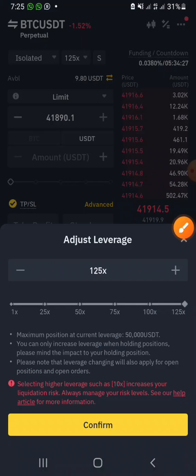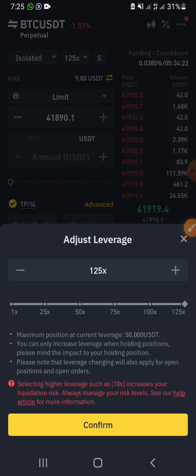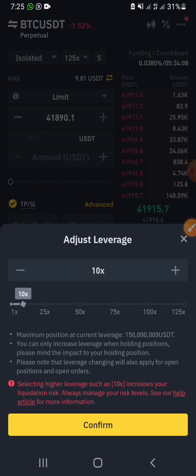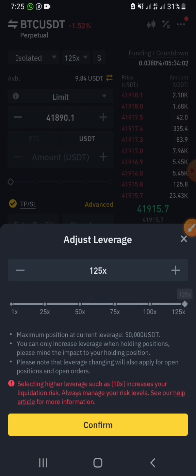Now for the next part, I'll be explaining what we call the leverage. Leverage is very important because it minimizes or maximizes your risk. In layman's language, it means the higher your leverage, the higher your profit and the higher your risk level. The lower your leverage, the lower your profit and the lower your risk level. Which means the rate at which you will get profit at a leverage of 10x is different from a leverage of 135x.